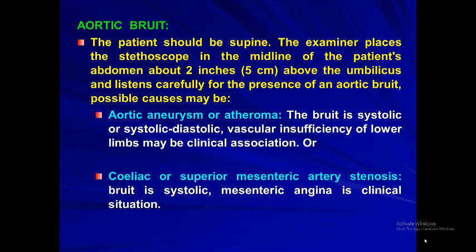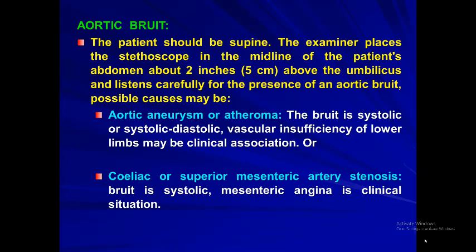Aortic bruit: the patient should be supine, and the examiner places the stethoscope in the middle line of the patient's abdomen, about 5 centimeters above the umbilicus, and listens carefully for the presence of aortic bruit. If aortic bruit is present, the cause may be aortic aneurysm or atheroma, or celiac or superior mesenteric artery stenosis.